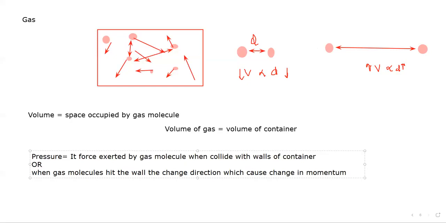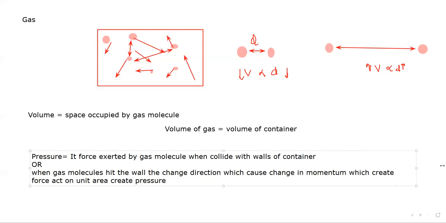As the velocity changes, there will be a change in momentum, which creates force. Whenever there's a change in momentum, it cannot happen without a force, so it creates a force acting on unit area, which will create pressure.